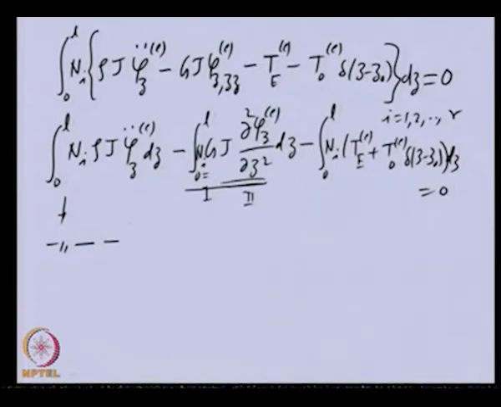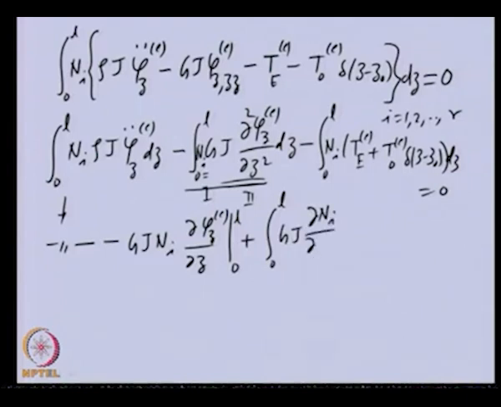So we can write this as G j N I, this is the first part, integration of the second part, that means phi z, one derivative will reduce here, and the limit is 0 to L. Then, because it is negative here, 0 to L, we can have differentiation of the first part and integration of the second part, dz, and the external torque term will remain as it is, equal to 0.